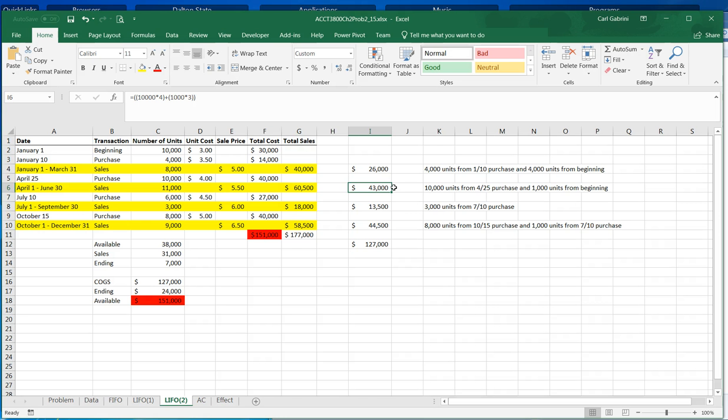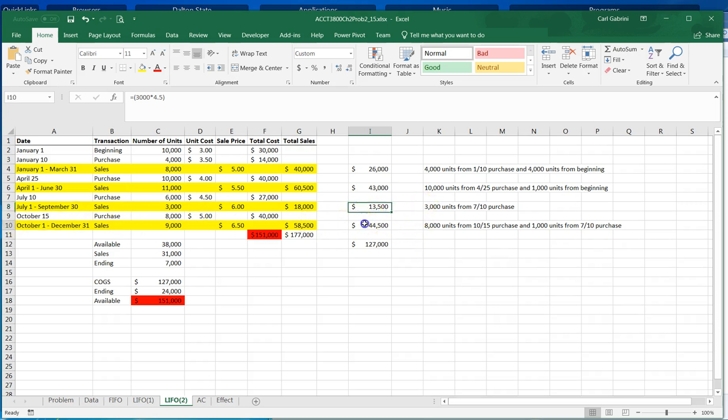Then for the third quarter, we sold 3,000 units. Those 3,000 units are going to come from the July 10th purchase. The July 10th purchase was at $4.50. So it's 3,000 times $4.50, which comes to $13,500.